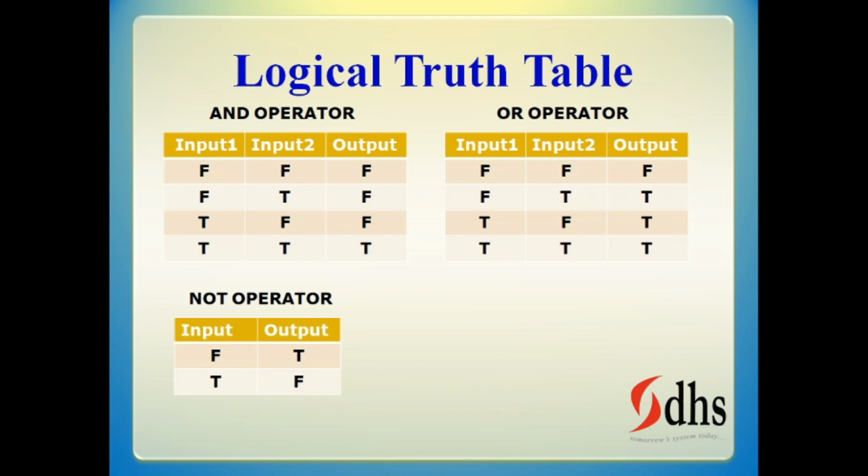Now the OR operator. The OR operator is a little bit different from the AND operator. If any one condition is true, you will get the output true. If all the conditions are false, then it is false. For example, you get a concession or discount when you are purchasing an item, when you have a coupon, or when you referred your friend.